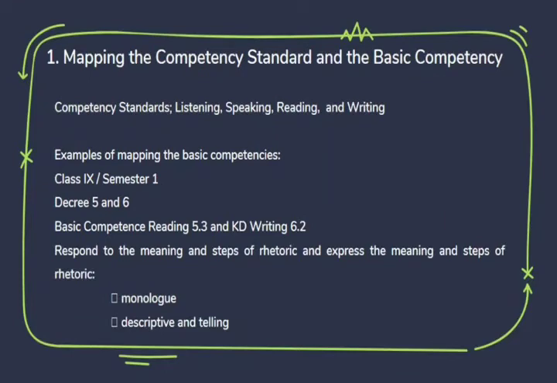Number 1, mapping of competency standards and basic competencies. The competency-based curriculum developed in the content standard is prepared to teach students communicative competence, which covers actional competence, linguistic competence, socio-cultural competence, and strategic competence.